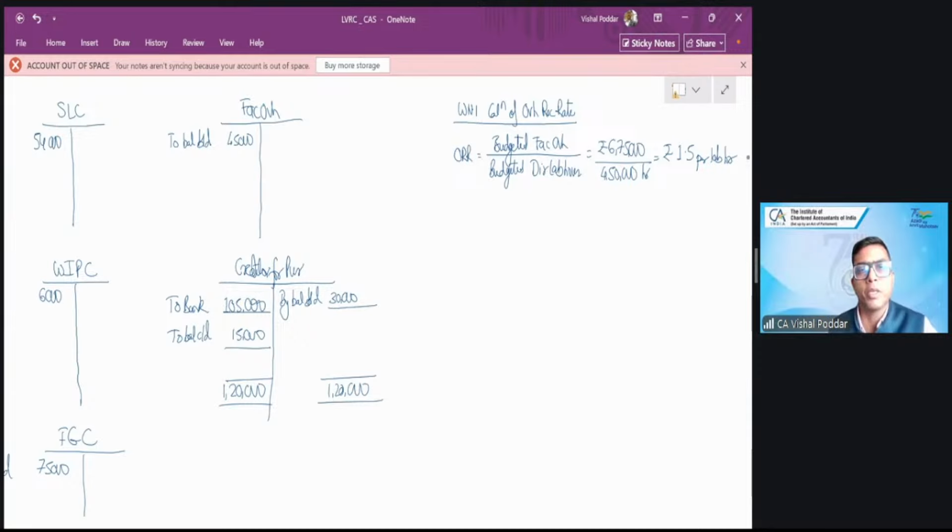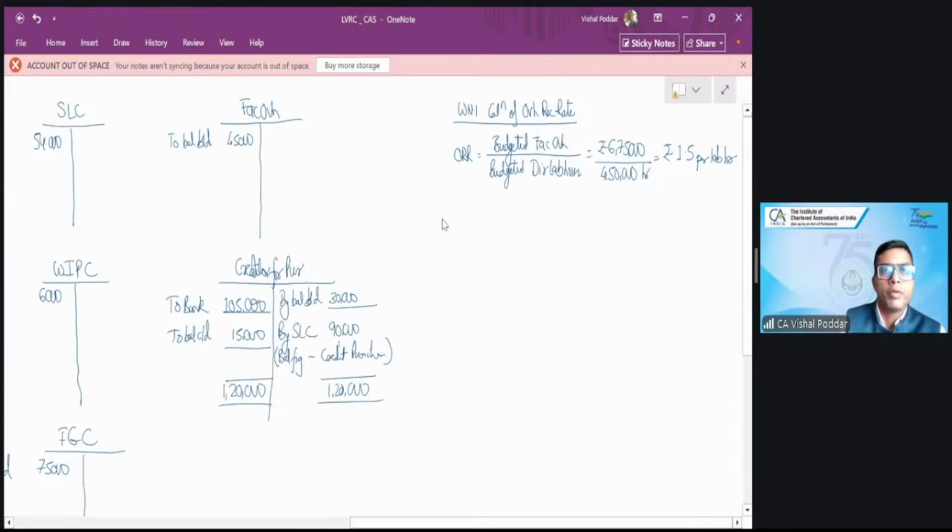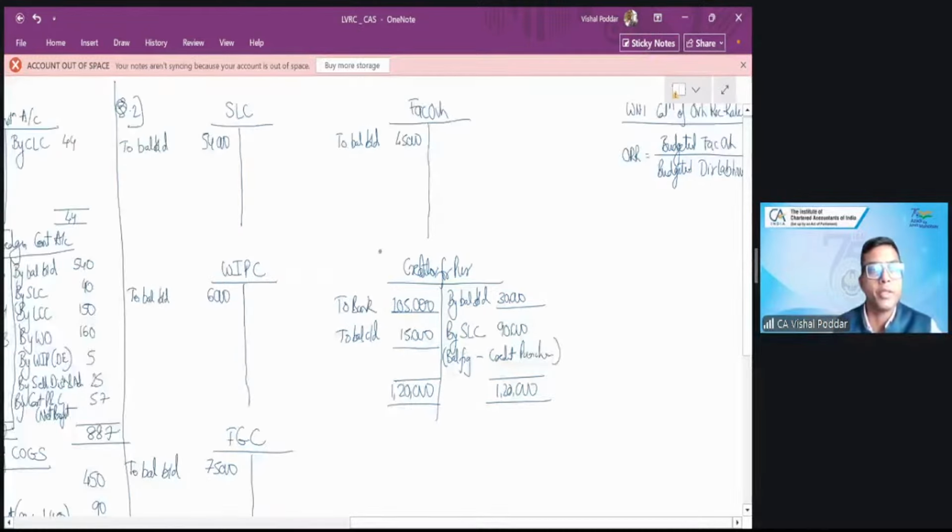Then what is missing is the purchase entry. So this is the balancing figure representing credit purchases, correct? So it comes to 90,000, which I will post to the SLC account. So creditors 90. Then clear.